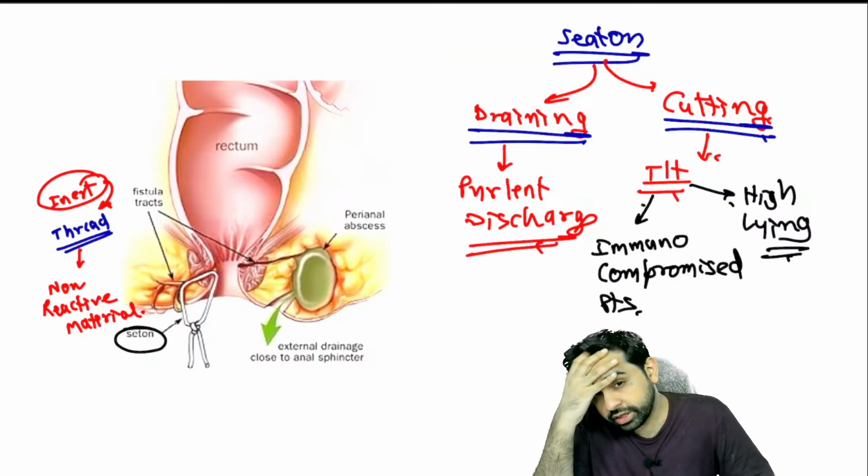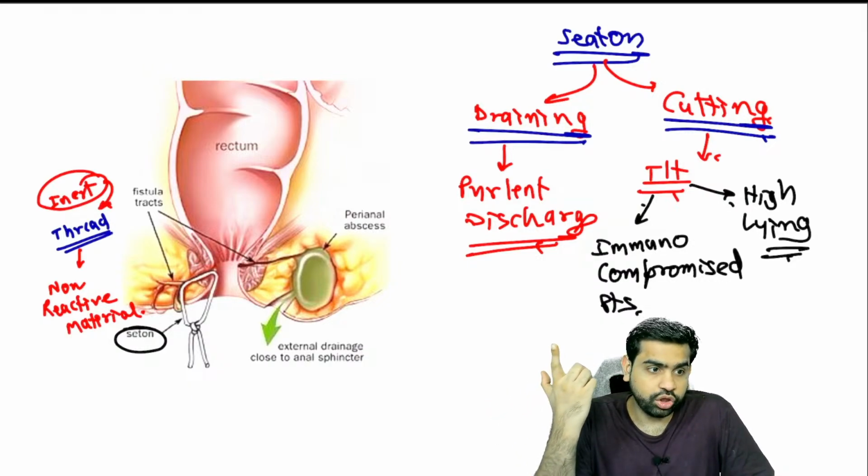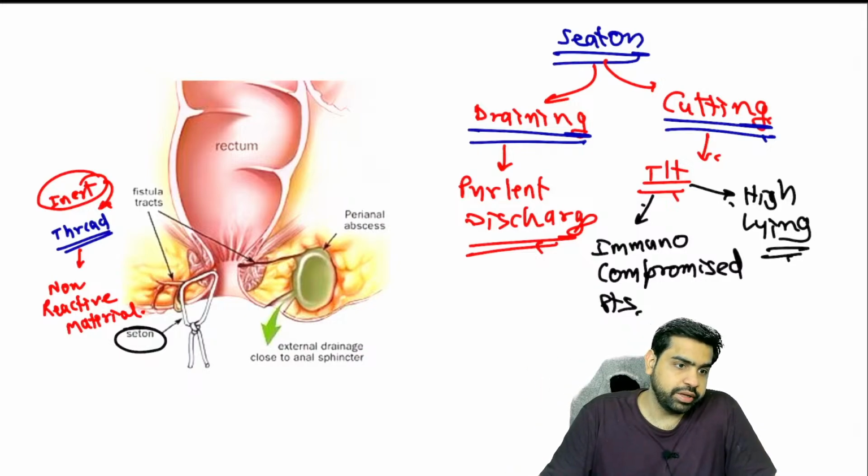For example, if they give you a patient with AIDS who is having a fistula in ano, what is the treatment of choice for that patient? It is a cutting seton. I hope you are able to understand this particular point.